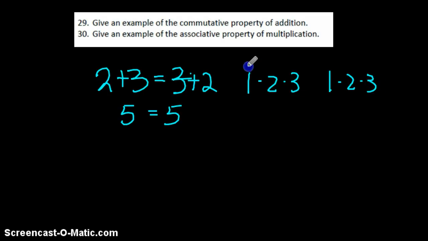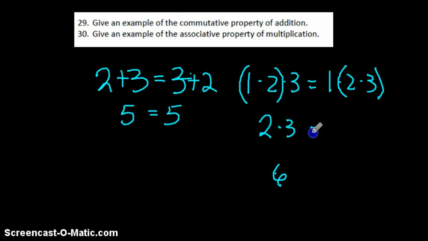Okay, so associate. These are like people in a line talking to each other. These two people could talk to each other, and these two people could talk to each other. All right, really, it's the same. The numbers are in the same order, but I'm multiplying them differently. Here I'm multiplying the first two together, and then I'm getting 6. And here I'm multiplying the last two together, and then I'm doing that final multiplication, getting 6.